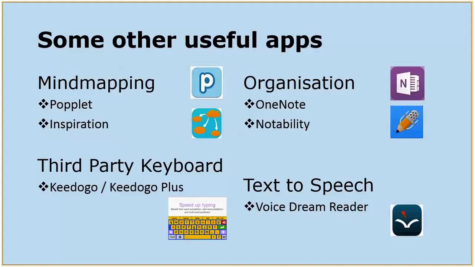Kidogo is an iPad keyboard with word prediction designed for children and young students. The keyboard provides a simplified layout with just the essential keys so early writers can focus on developing their skills rather than being distracted by symbols and functions they don't yet need.